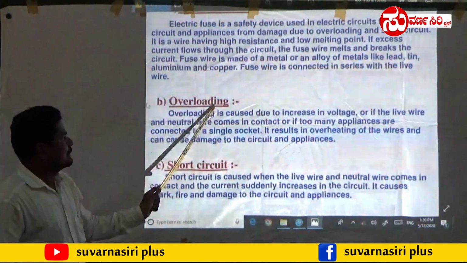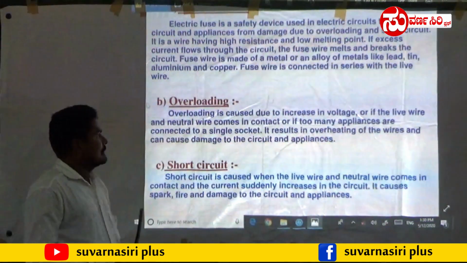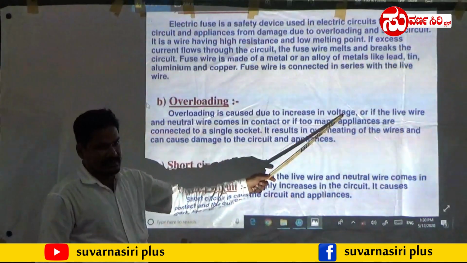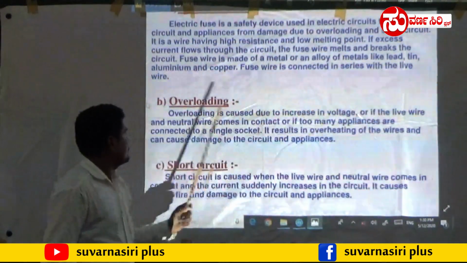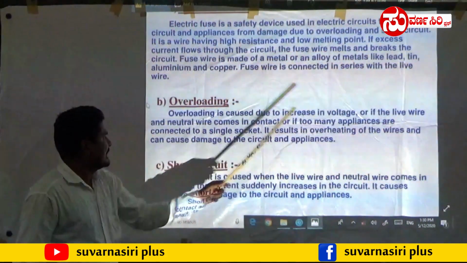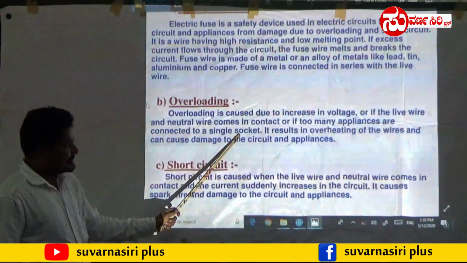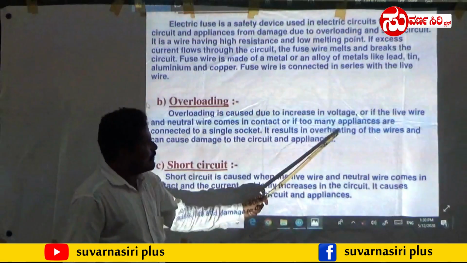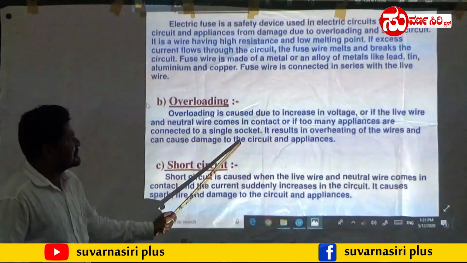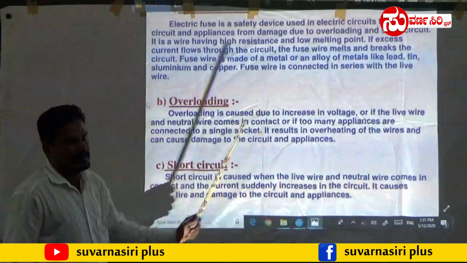Next is overloading. What is overloading? Overloading is caused due to an increase in voltage, or the live wire and neutral wire coming in contact, or if too many appliances are connected in a single socket, which results in overheating of the wire and causes damage to the circuit and appliances.